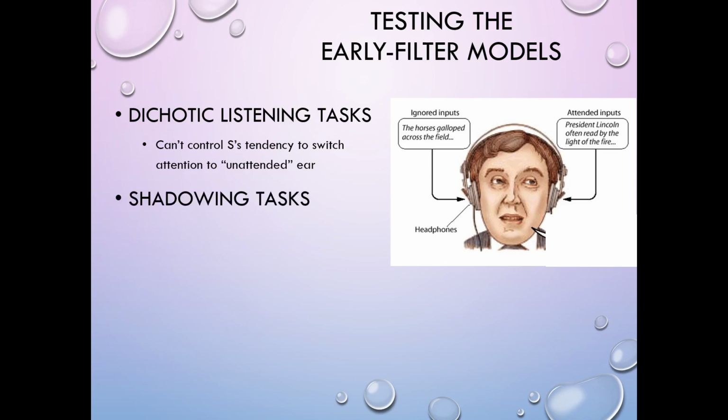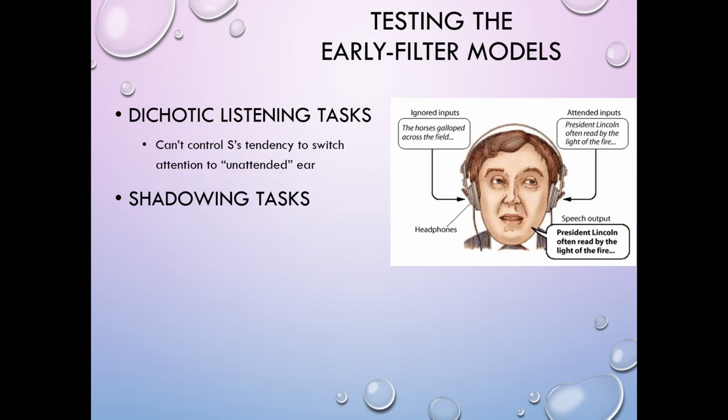Another way to know whether they are officially paying attention to what they were told, so that we could find out whether anything from the unintended ear entered their consciousness, was the development of these things called shadowing tasks. In this task, same exact setup as the dichotic listening task, but with an additional task for the subject, which is they are supposed to say out loud every word that they're hearing in the attended ear. So as they hear the story about President Lincoln, they're supposed to be saying it.